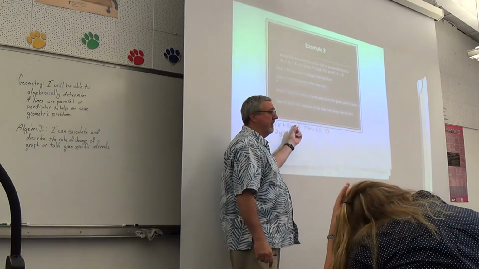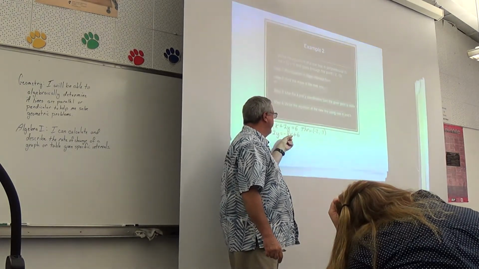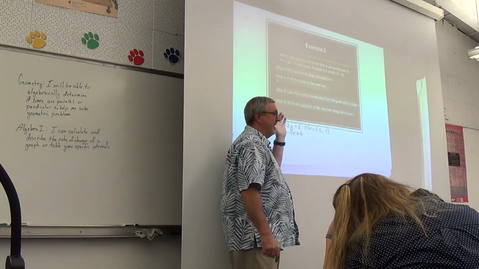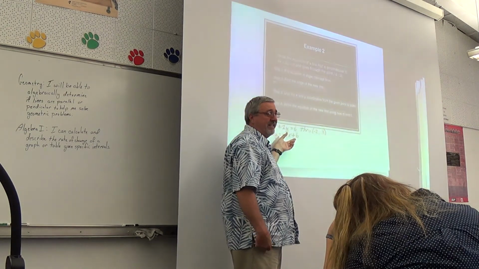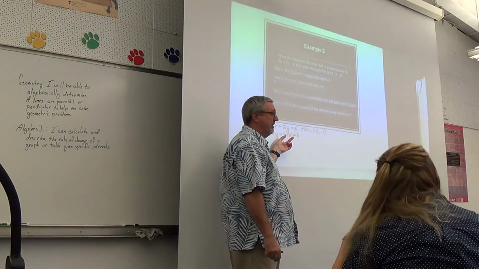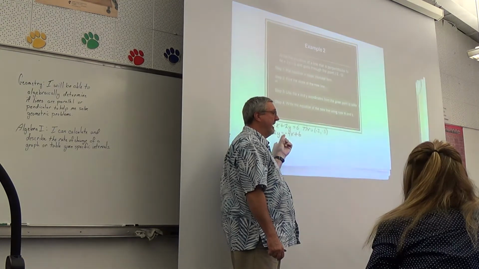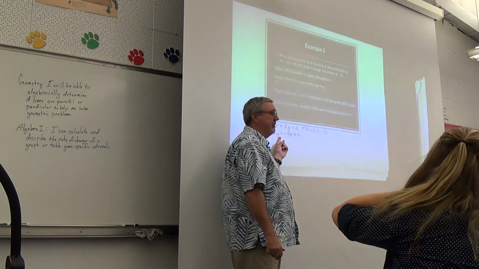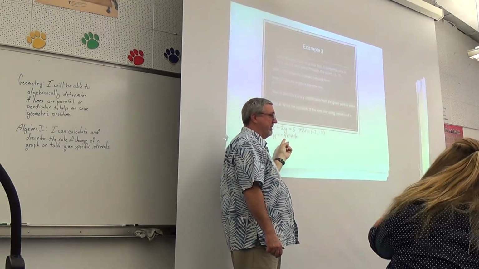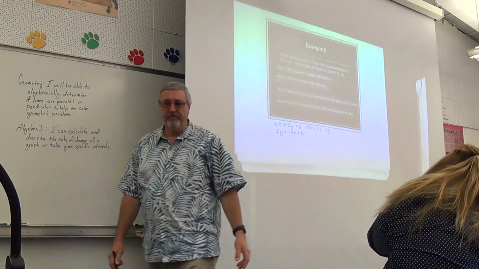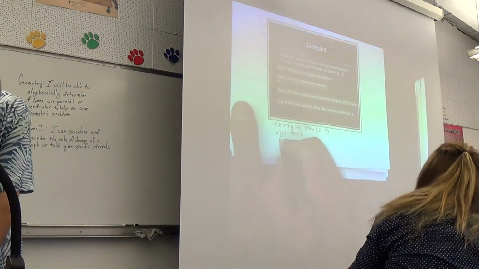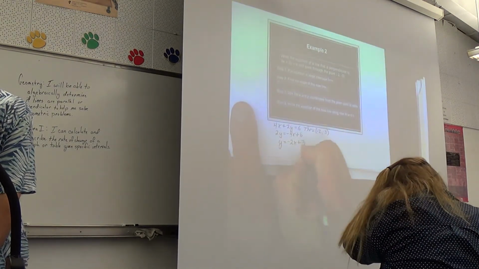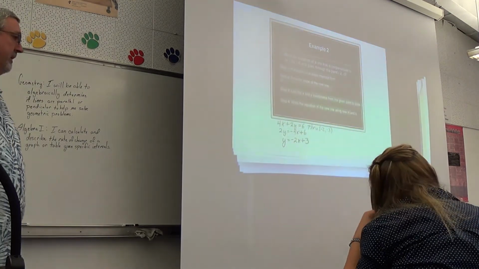I changed the sign when it came across the equal sign. So instead of being positive, it's now negative. But this isn't in slope-intercept form yet. We have to do something else. Since this is not y equals, we got to get the y equals. So since this is multiplying by 2, I have to divide by 2. So I have to divide everything by 2. Okay? Everything by 2. And if I divide everything by 2, I'm going to have y equals negative 2x plus 3. Plus 3. Okay.